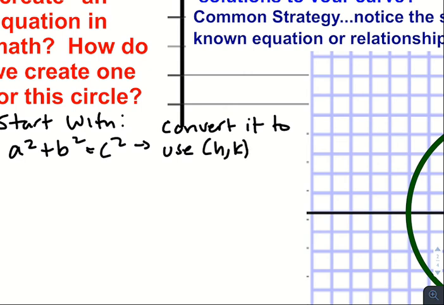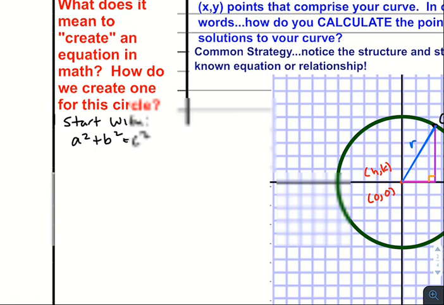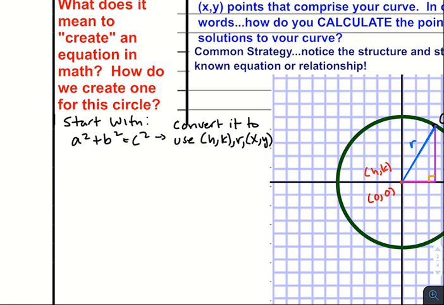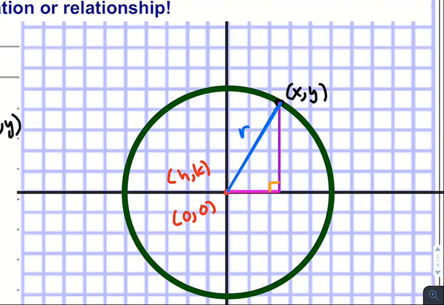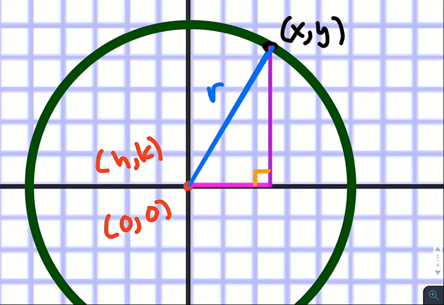Now that seems like a monumental job, but it's really not that bad. We just have to figure out what the a squared and b squared are, because the c squared is already r squared. So we have to figure out a length right here. To do that, it may help to define this point, and it's really not that hard to do.